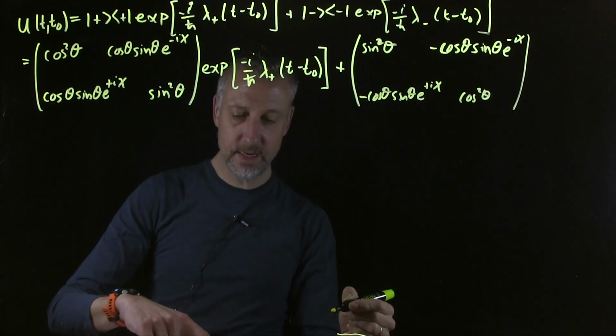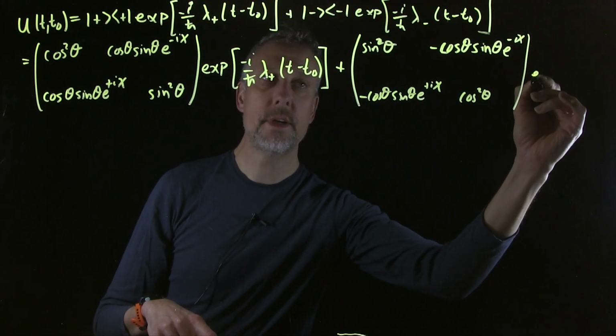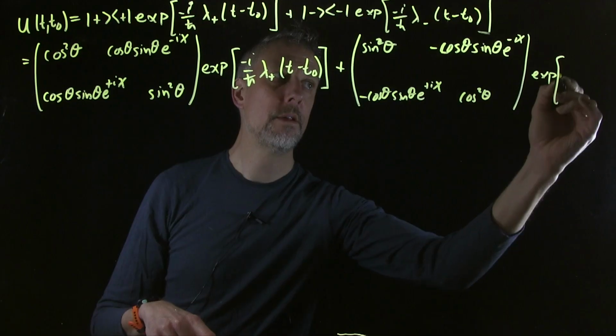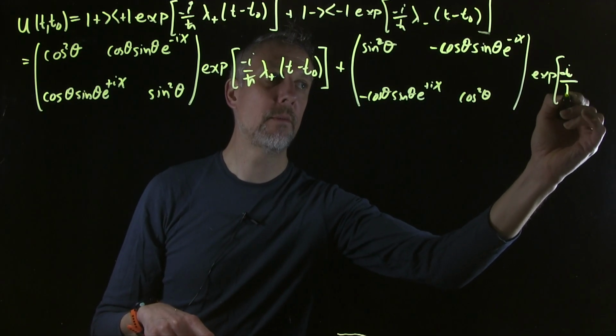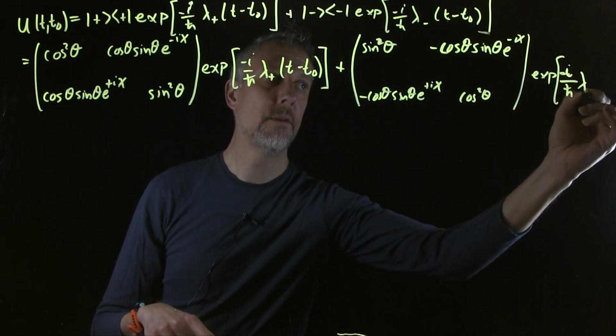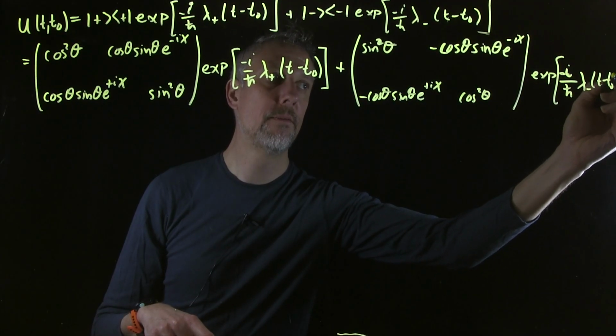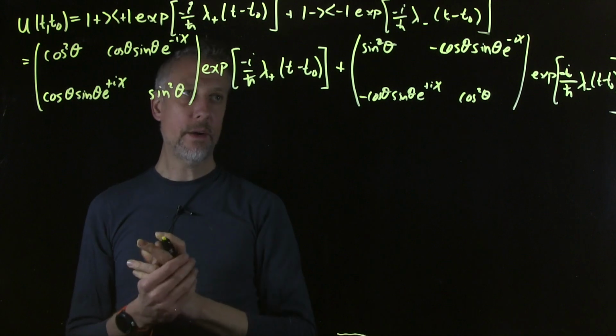And this whole thing is times the phase, so e to the minus i over h bar times t minus t0. All right, and that's the whole thing.